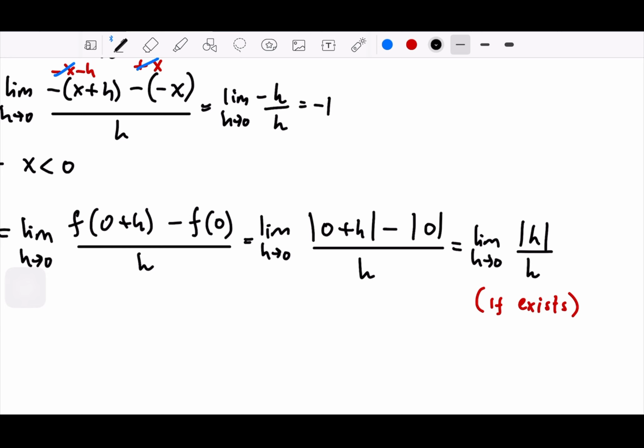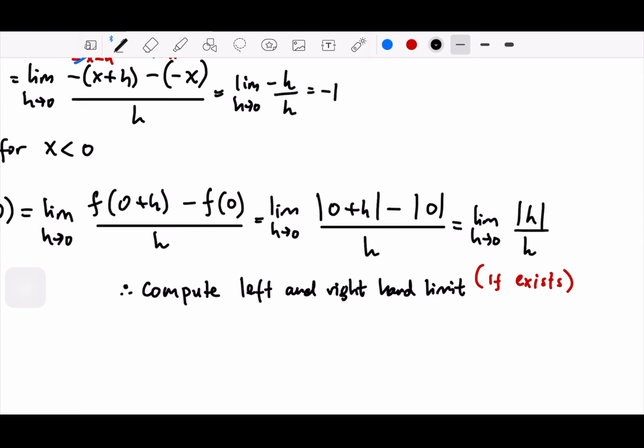So compute the left and right hand limit. So limit approaching 0 from the right. Okay. We can write this in terms of h over h.